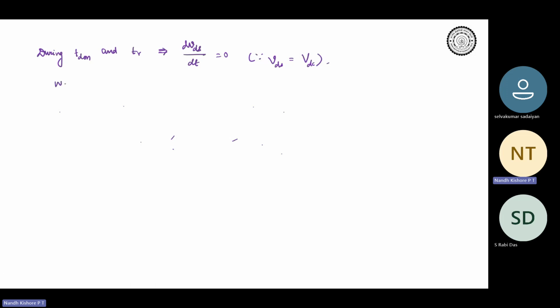We know that dVGS over dt is equal to dVGD over dt plus dVDS over dt, right? So dVDS over dt is 0.